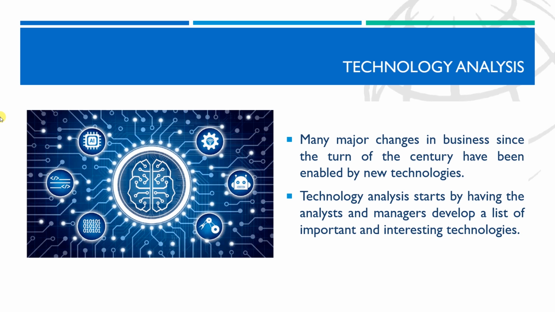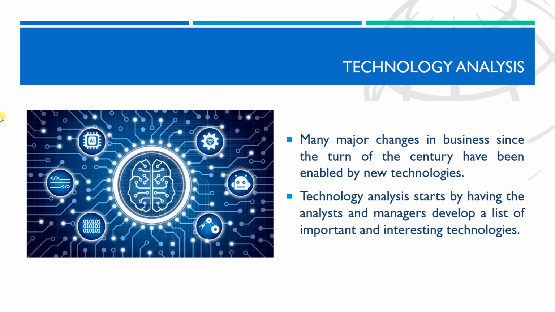Many major changes in business since the turn of the century have been enabled by new technologies. Technology analysis starts by having the analysts and managers develop a list of important and interesting technologies.